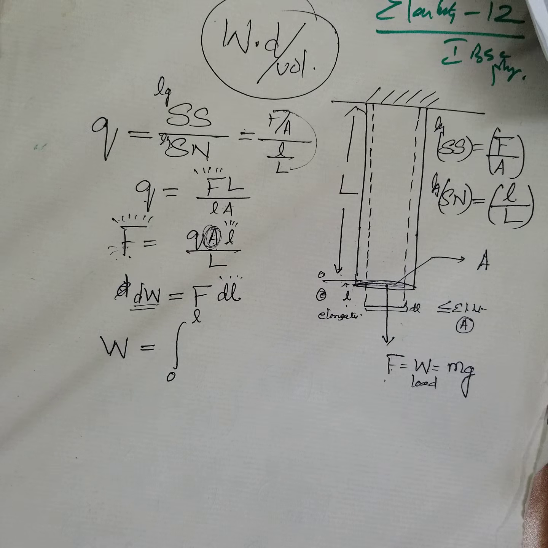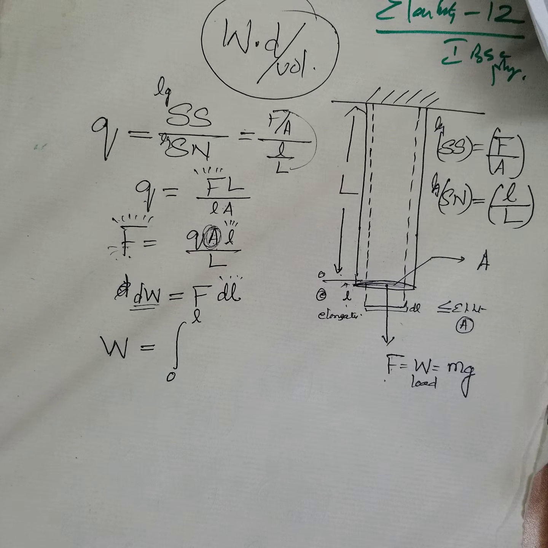I'll write it. Then you substitute this F here. Therefore, work done is equal to the integral from 0 to L of Q A l by L dl. Just I substitute F here and dl. Now these are all constants. I'm taking the constant A by L out of the integral, leaving the integral from 0 to L of l dl.